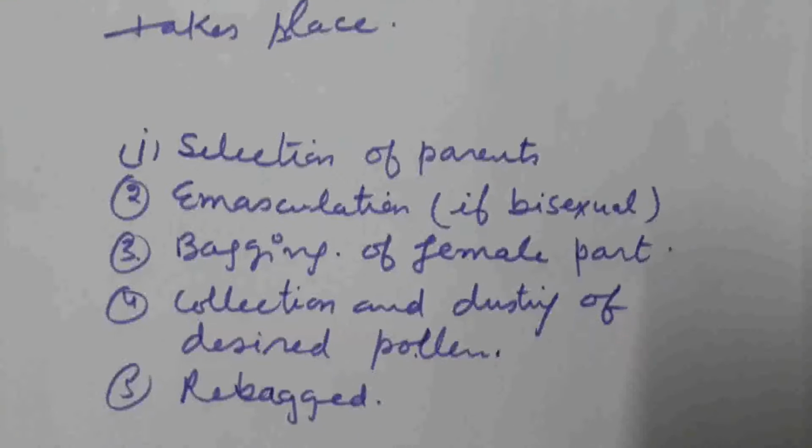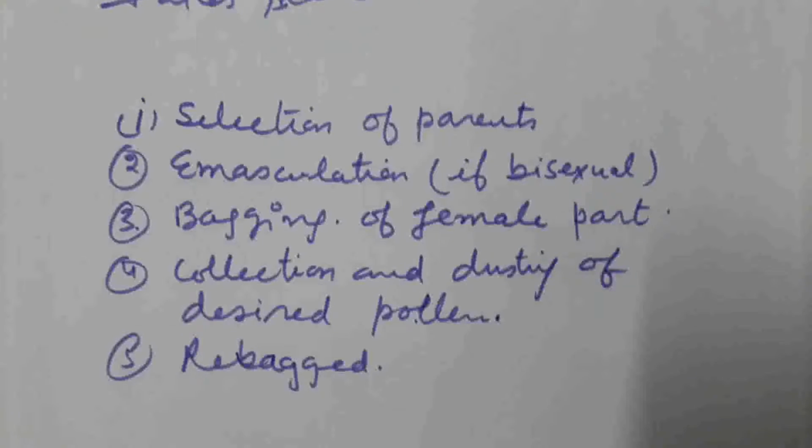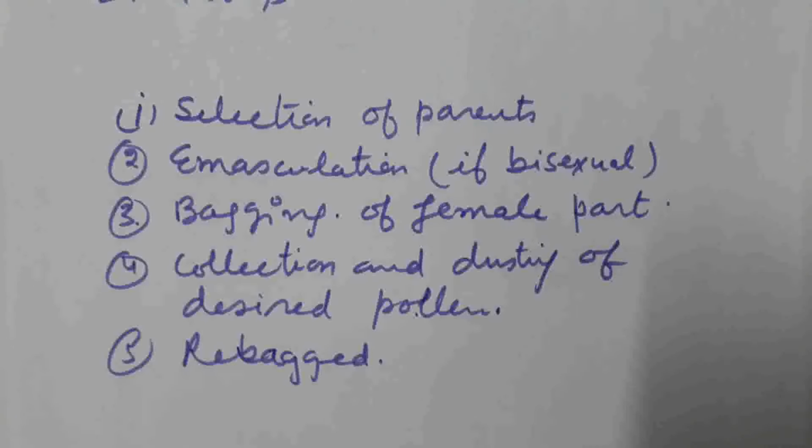In the next step, we collect the desired pollen grains from the selected male plant, and then dust the desired pollen grains on the stigma of the emasculated flower, and then rebag it. These are the steps which we use in the artificial hybridization process.